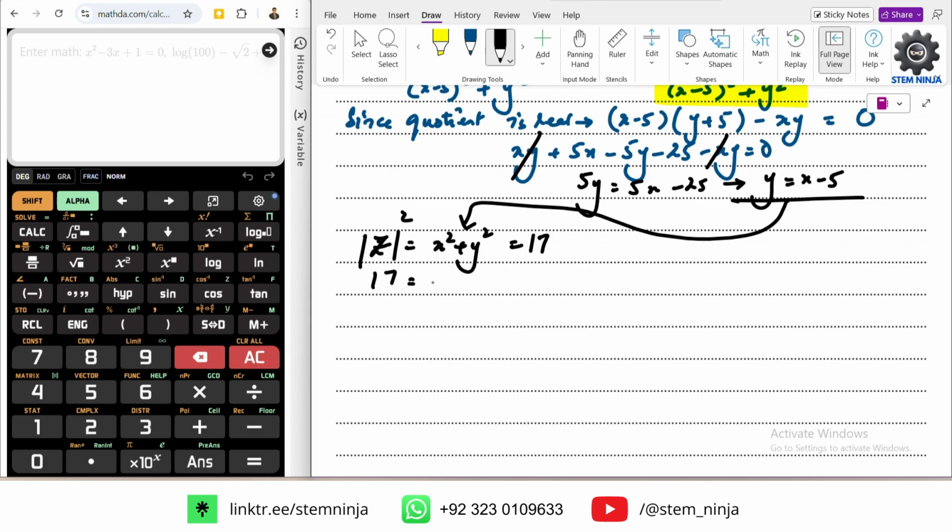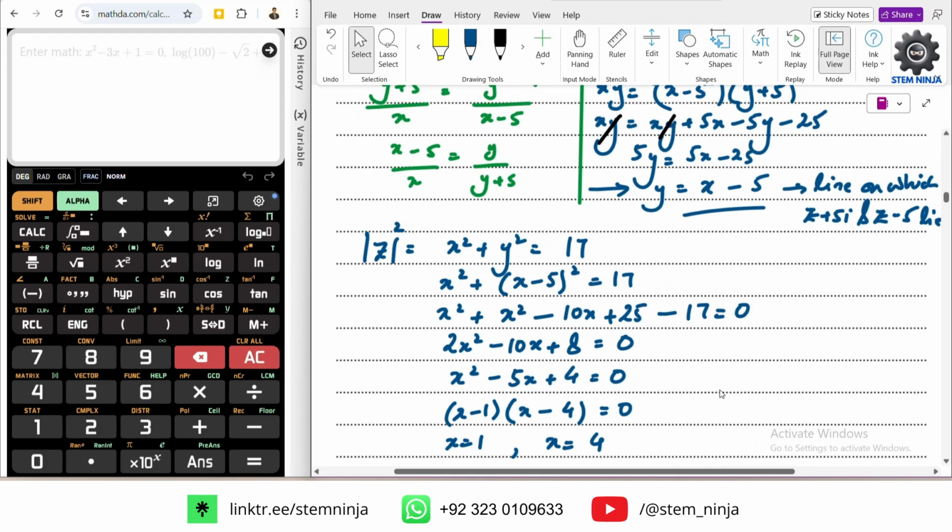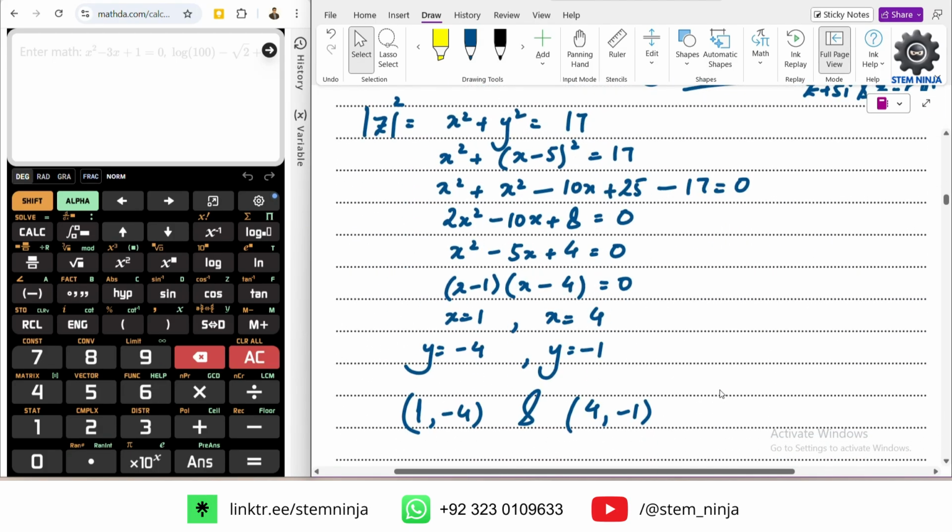So x squared plus x minus 5 whole squared equals to 17. So as you can see, this is exactly the same working that we had right over here. So this process is identical, so we don't need to repeat it.